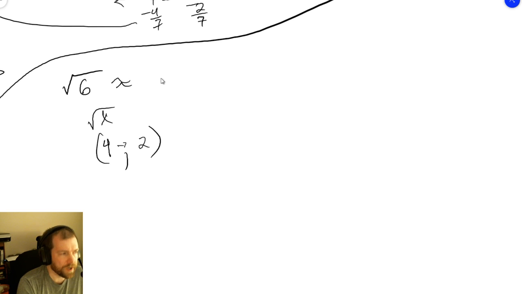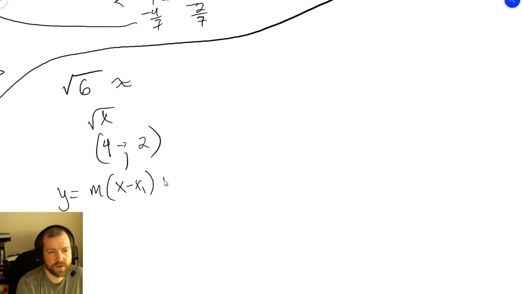And then we can approximate it as y equals m times x minus x1 plus y1.